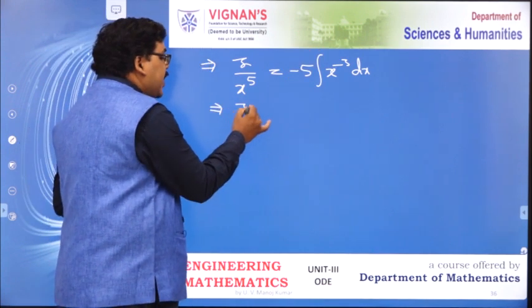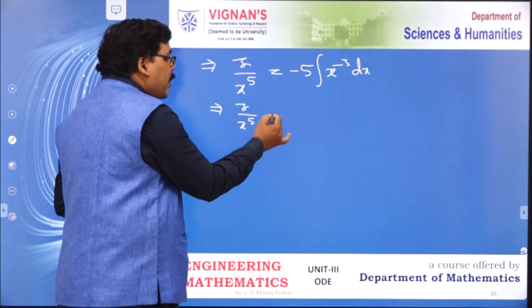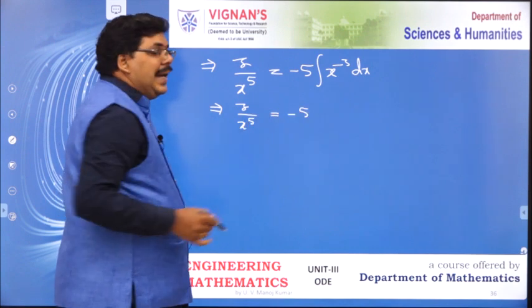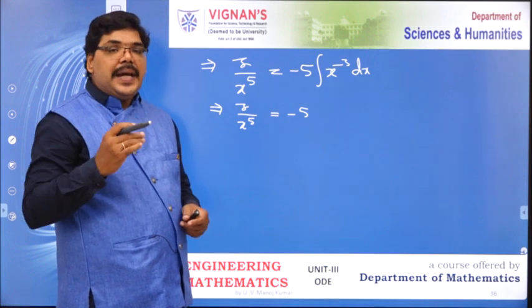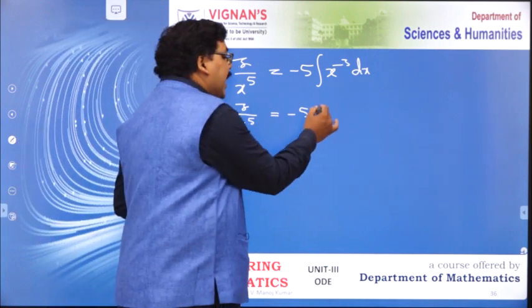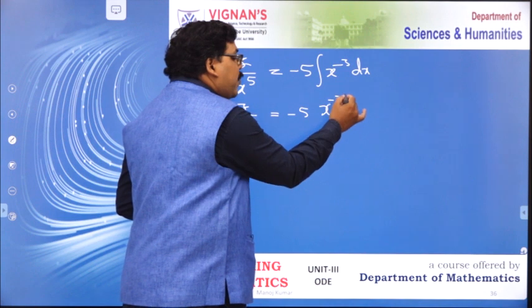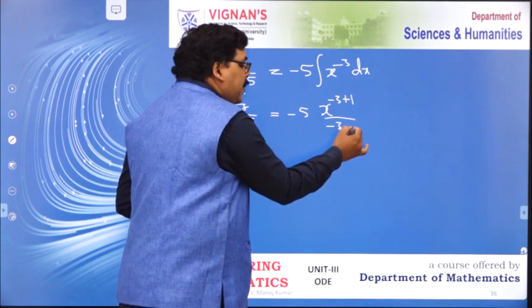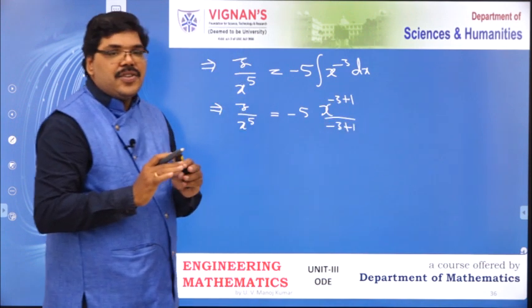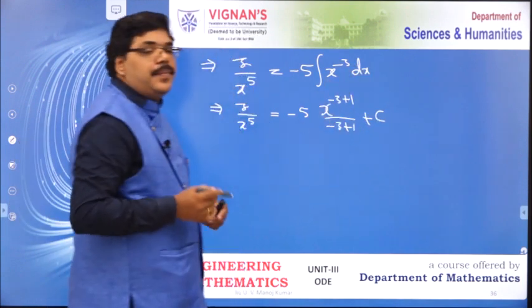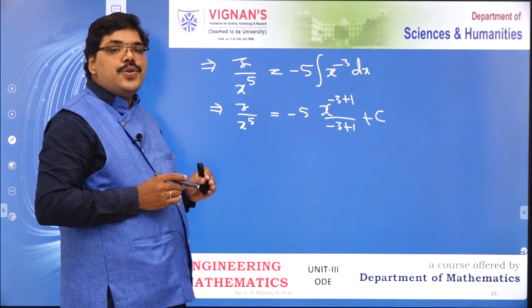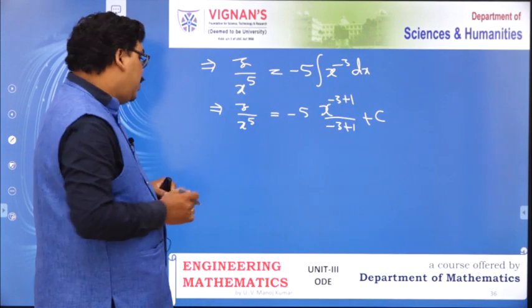So z by x power 5 equals to minus 5 into integral of x power n plus 1 by n plus 1. So x power minus 3 plus 1 by minus 3 plus 1. Our integration is over. So add integrating constant plus c. So this is the solution for equation 2.